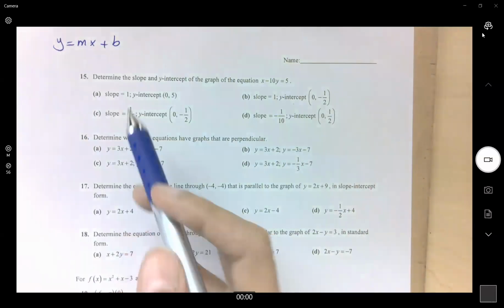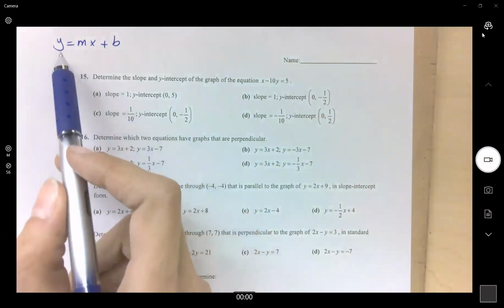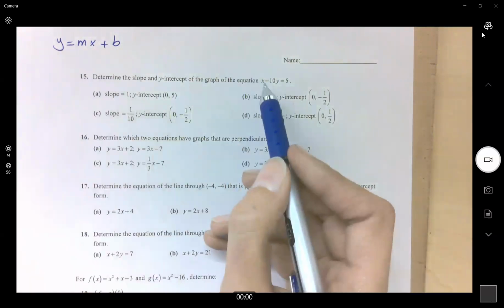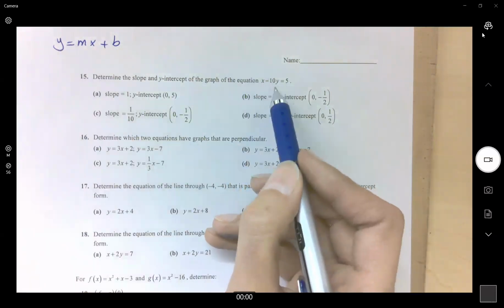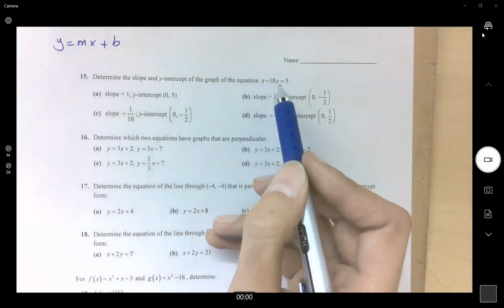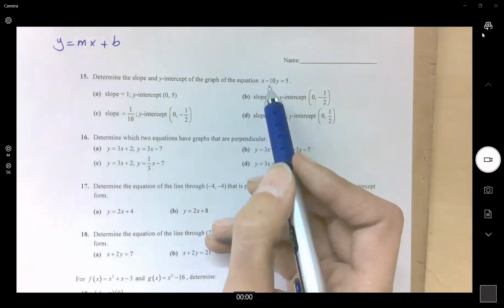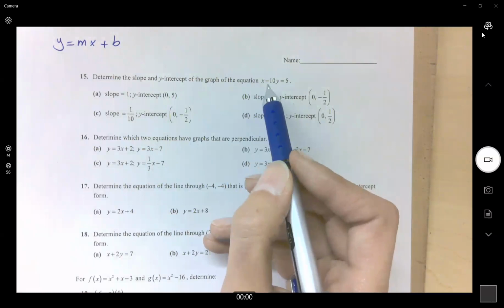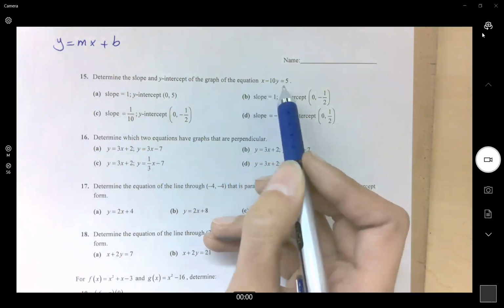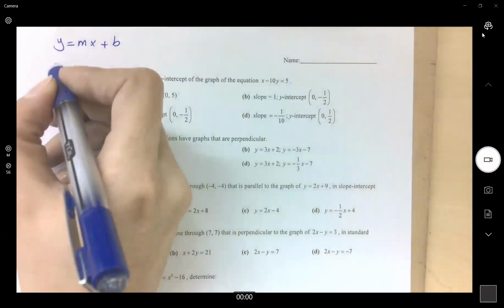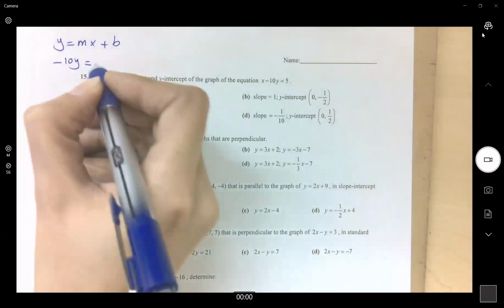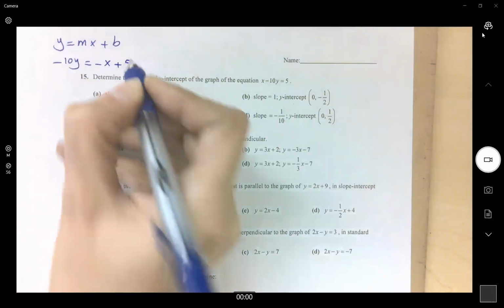We need to isolate y on one side. Here you have x and 10y attached together by subtraction. Somehow we have to get rid of this. So here you can subtract x from both sides. You get negative 10y equals minus x plus 5.